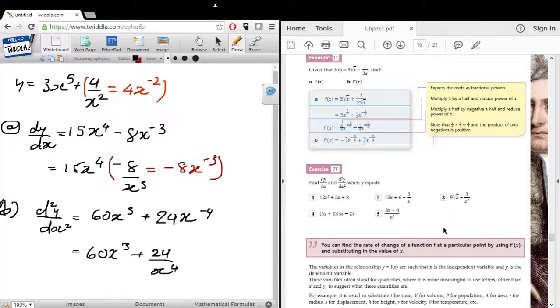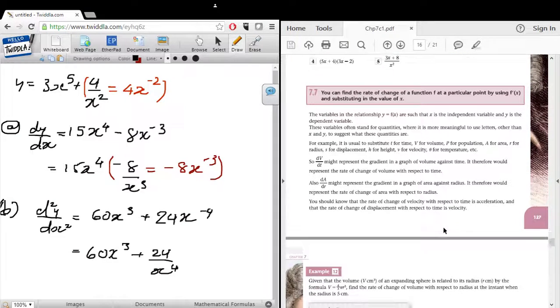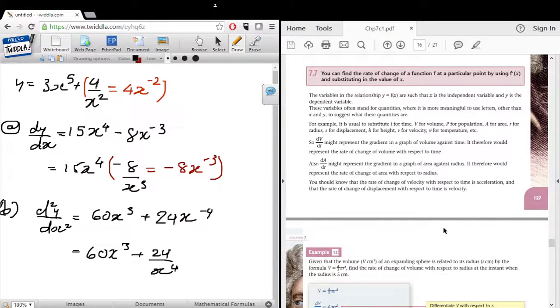Examples again for you to do. And then this is just more of a read here for 7.7. You can find the rate of change of a function f at a particular point by using f dash x and substituting the value of x. So this is just something for you to read.